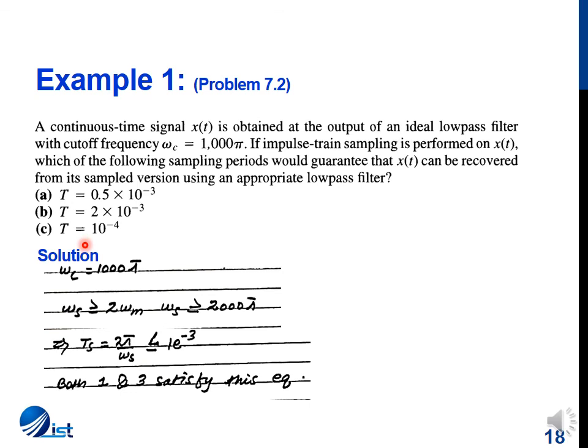And similarly, since 10 to the power minus 4 is also less than 1 into 10 to the power minus 3, we can say that if we are using an impulse train with a sampling time equal to 10 to the power minus 4 second, then our signal can be reconstructed correctly. So this simple question concludes.